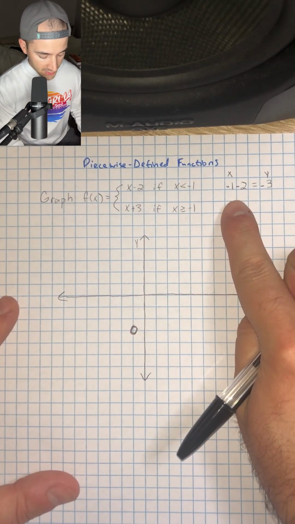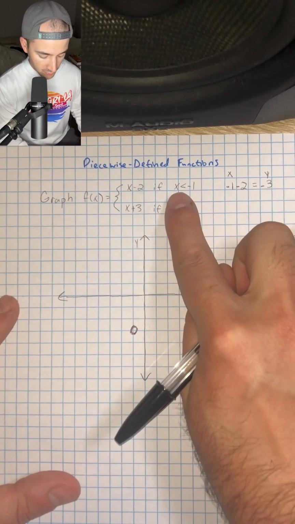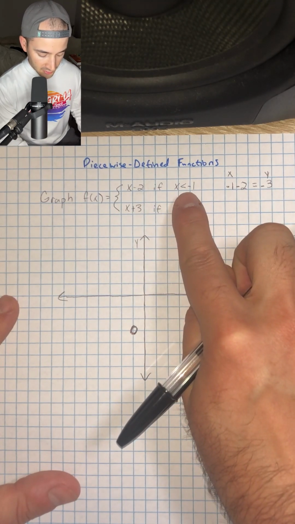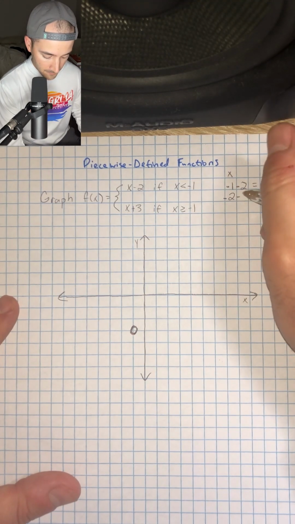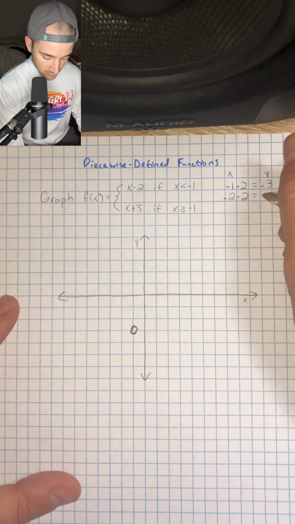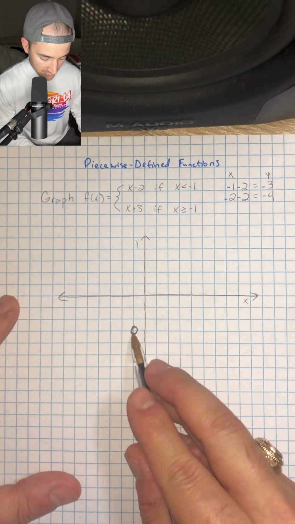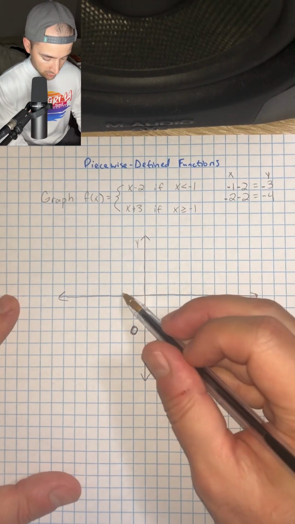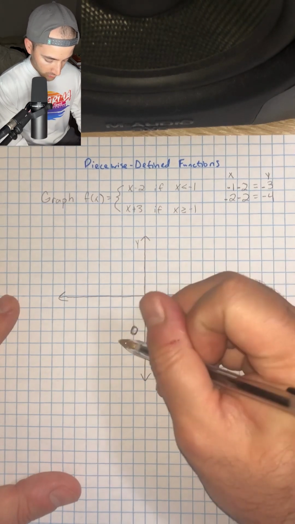So let's go ahead and get at least one more value. We only use this if it's less than negative 1. So let's use negative 2 now. So negative 2 minus 2 is equal to negative 4. Okay, so that means that we have a point at negative 2, 1, 2, and then down 4, 1, 2, 3, 4.